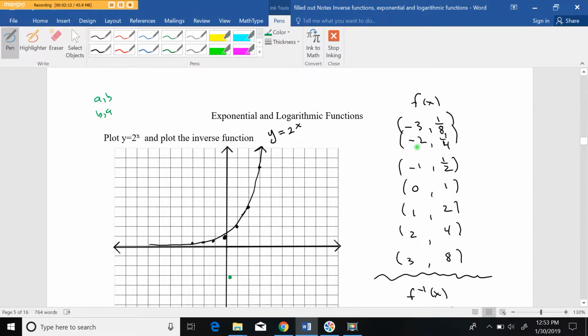If negative 2, 1/4 is on this graph, then its inverse has the point 1/4, negative 2. So 1/4 is here, and negative 2 is just down below a little bit.